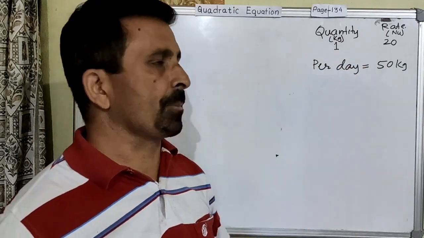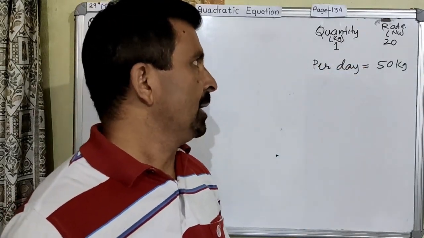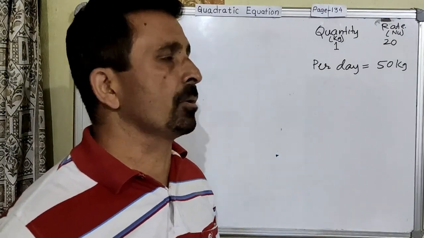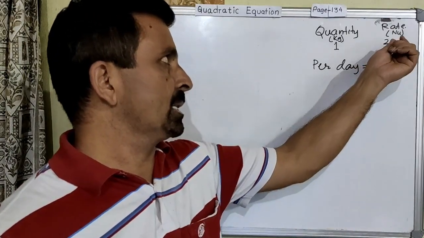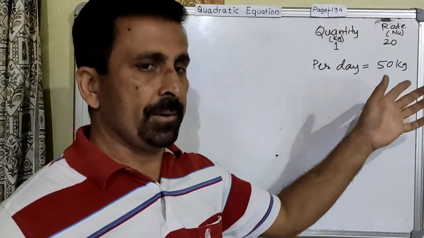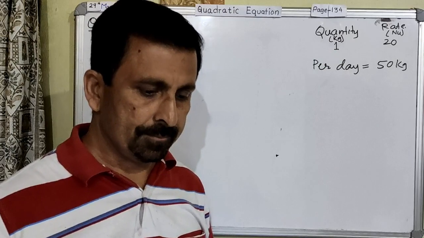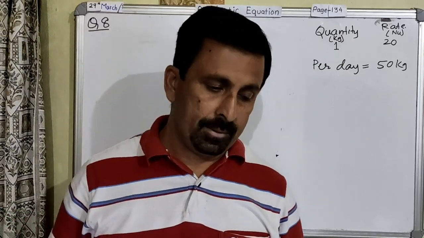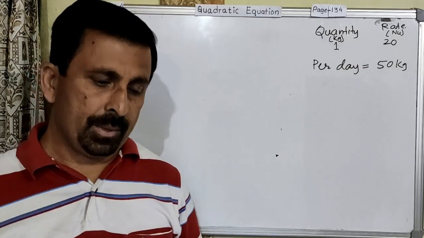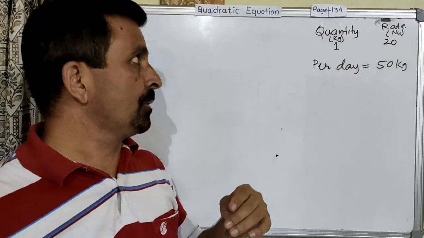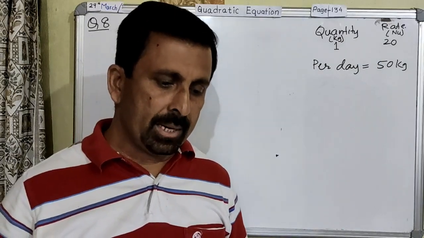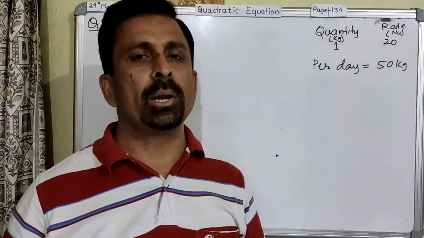She is a shopkeeper, and this is her own observation. She is sharing her observation that when the rate is 20 Newton per kg, she was able to sell 50 kg. Clear? And for every increase in the price of 1 Newton, that means when the price of the flour increases by 1 Newton, her sale decreases by 1 kg.